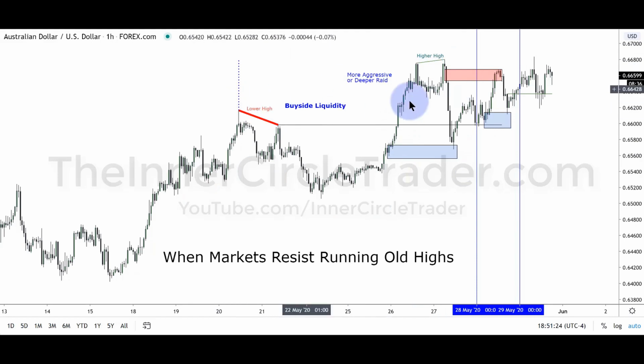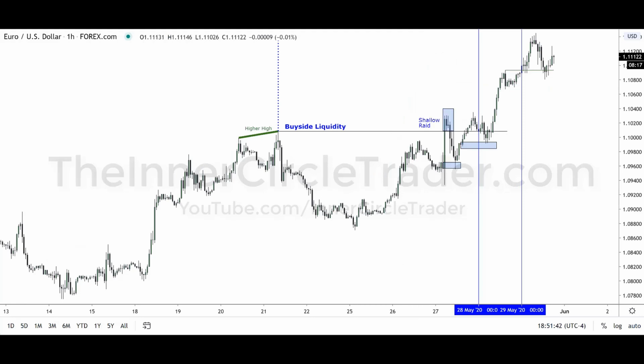So when we ran above, it was much more distance covered. Many more pips were taken in the Australian dollar into a premium level, causing it to need to move to a discount much more than that of the euro.